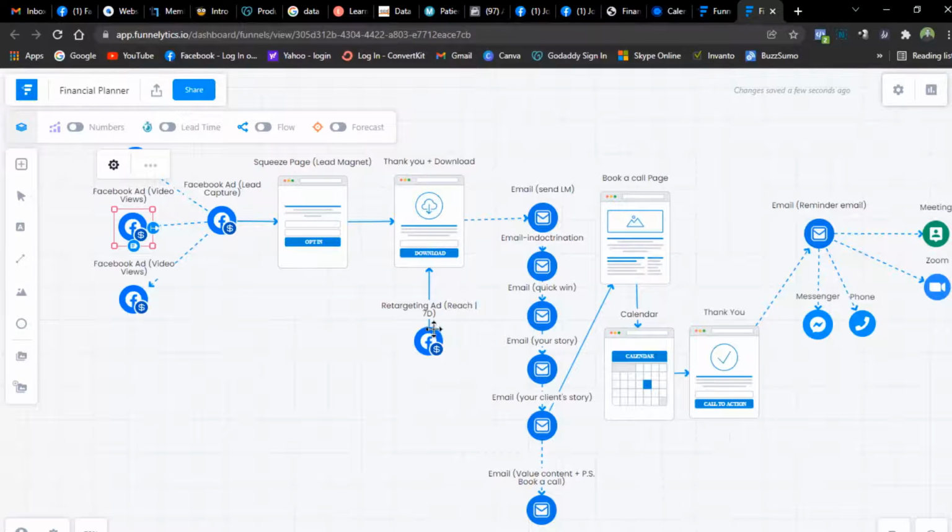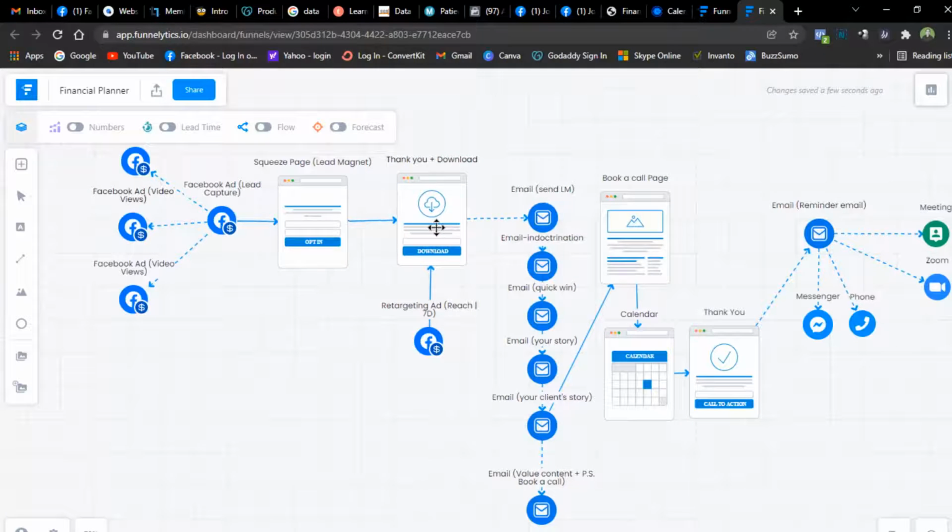So we're going to duplicate that effort using a retargeting ad, but this time we're going to use only a reach objective, which is much cheaper than conversions. And we're going to just target people who landed on your download page or thank you page. That means your subscribers, okay, in the last 7 days. So after the 7th day, if they don't book a call, we're going to give up on them in the meantime, and let the emails do most of the talking.